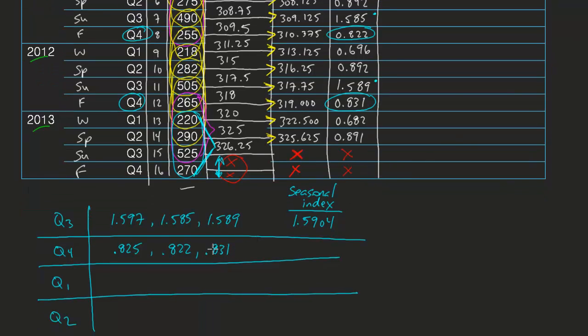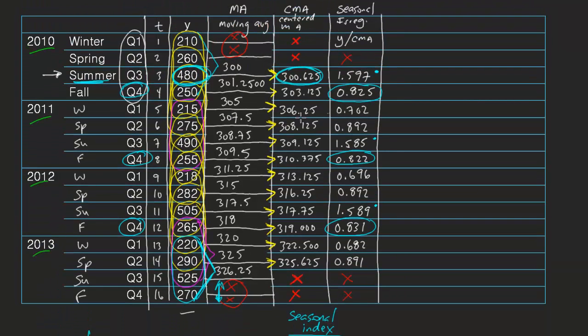When you take the average of these 3, for Q4, it comes out to be 0.8257. In Q1, which readings do I have? Here's Q1, right here, and then my next Q1 is right here, and my next Q1 is right here.